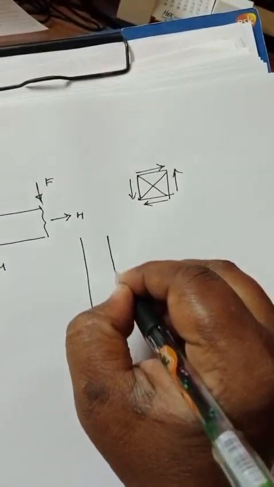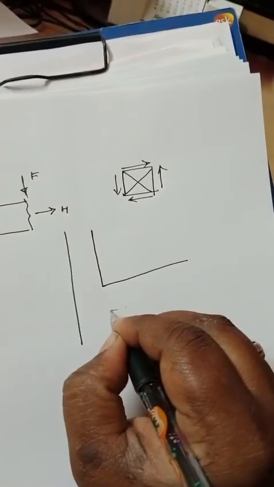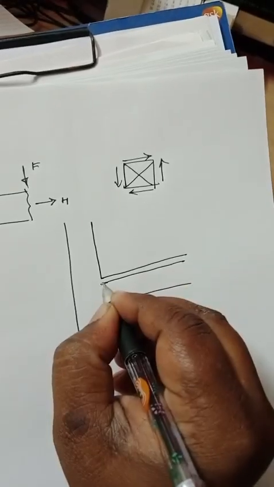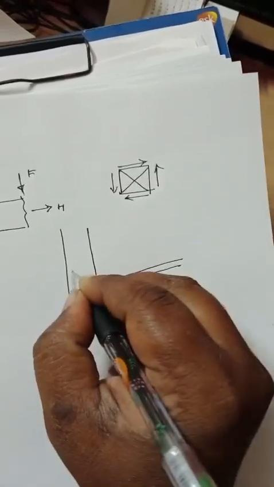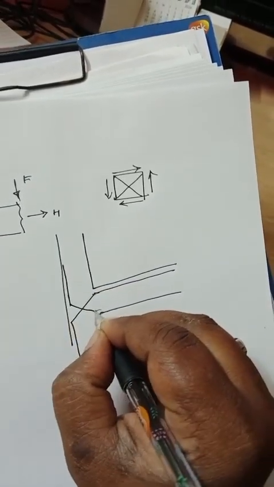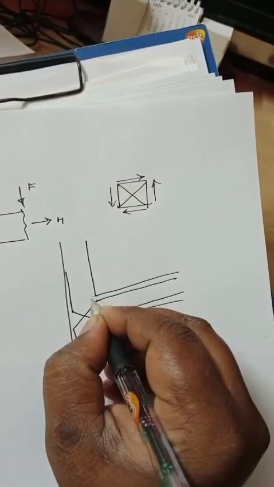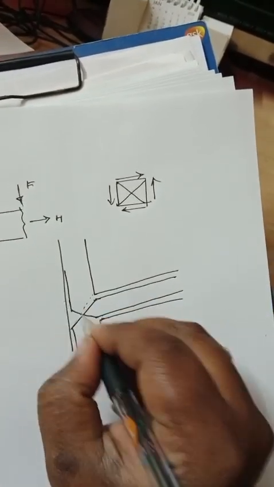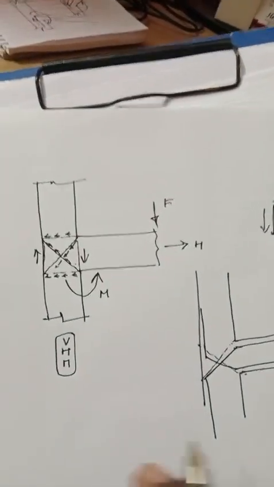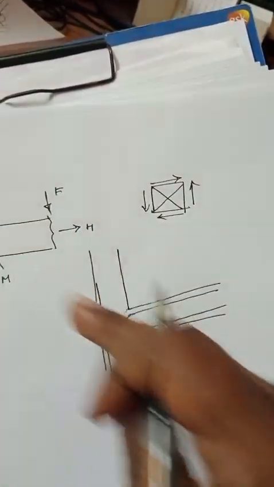Strictly speaking, we need to provide it like this. So for this plane and for this plane, each makes 90 degrees, correct? This plane, this is making 90 degrees. For this plane, this is making 90 degrees.